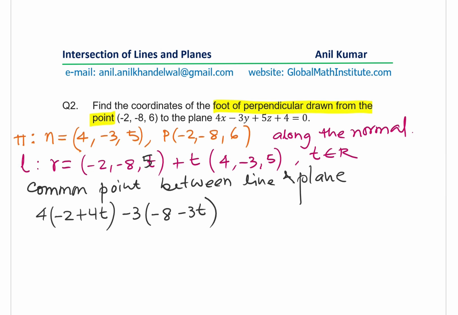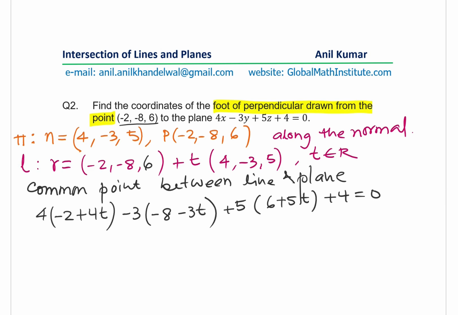And the z value, the point is minus 2, minus 8, 6, right? So we'll substitute this here, plus 5 times z, which is 6 plus 5t, plus 4 equals 0. So we have to solve for t.